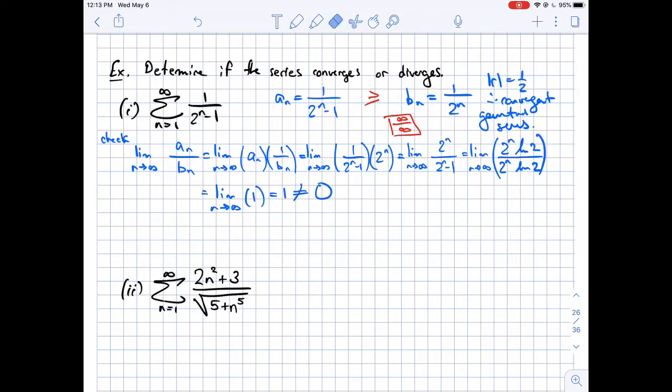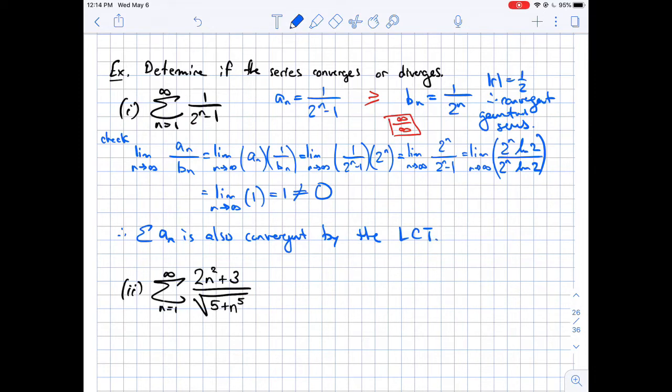And so that's our conclusion: an and bn should have the same behavior. In other words, an should also be convergent by the limit comparison test. So here we have that an is also convergent by the limit comparison test.